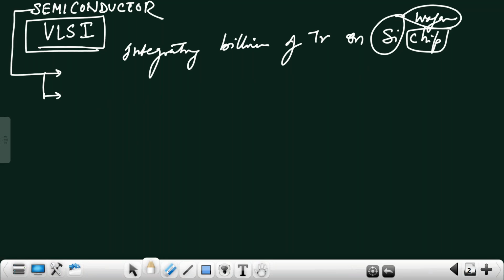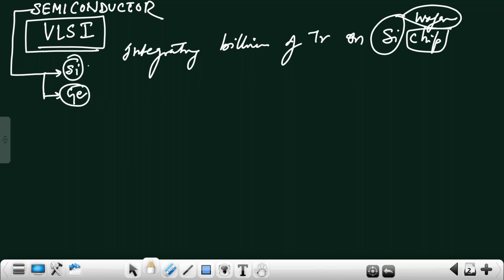Simple question. Two types. What are those? What are the semiconductors available? Silicon and germanium. You have forgotten all these. So there are basically two semiconductors available, silicon and germanium.